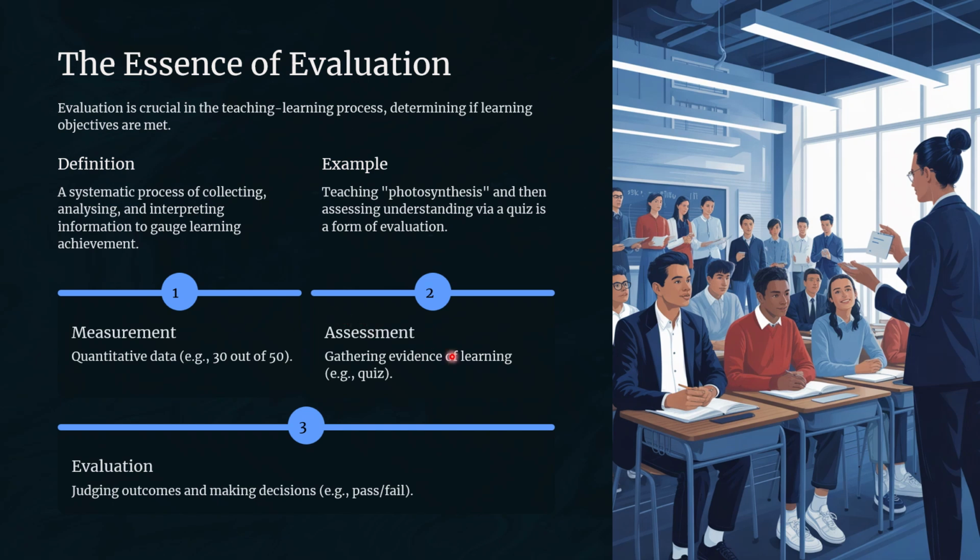Assessment means collecting evidence of learning such as through a quiz. Next is evaluation. Evaluation means judging the results and making a decision such as pass or fail. So remember, measurement is numbers, assessment is the evidence, and evaluation is the judgment and decision.